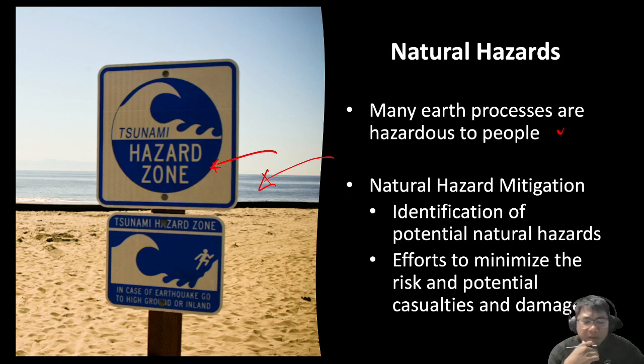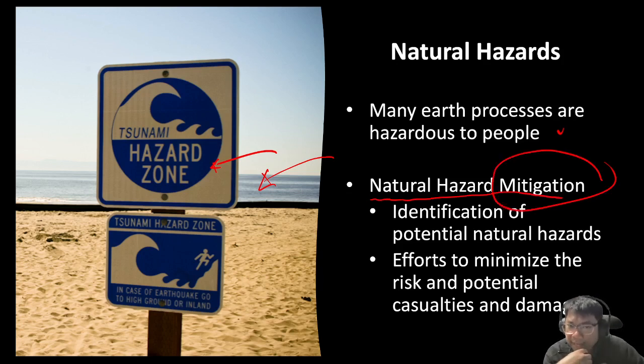So there are several things that environmental geologists do. One of the big things is the mitigation of natural hazards. Okay, what they do is they identify potential natural hazards, and then they design plans and efforts to minimize the risk and potential casualties and damages associated with natural hazards.